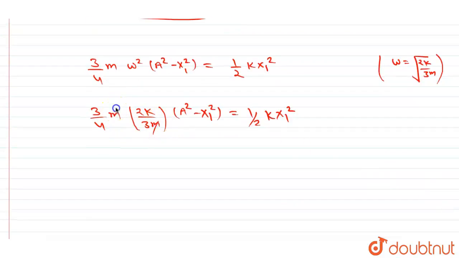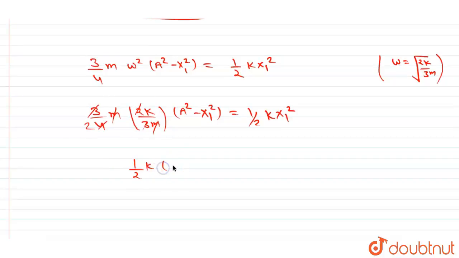Here the m will cancel out with the m, the 3 will cancel this 3, and the 2 cancels the 4 two times. So we have half of k times a square minus x1 square, and here half of k x1 square.